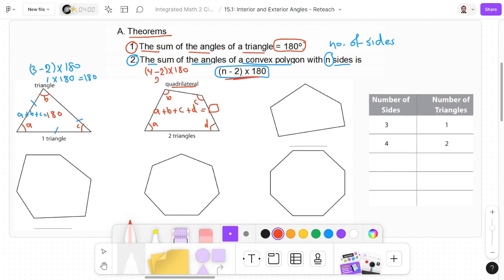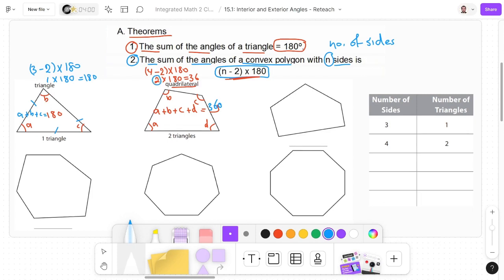So 4 minus 2 is equal to 2 times 180, which is equal to 360. As you can see here, the final answer for this one is 360. Okay, clear?